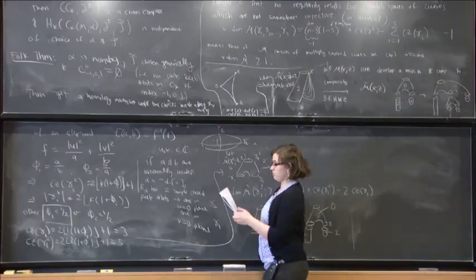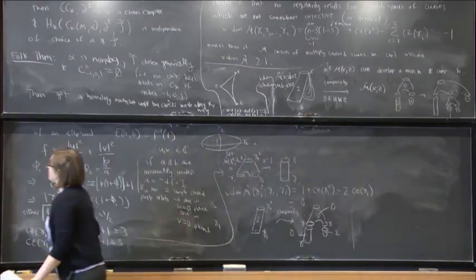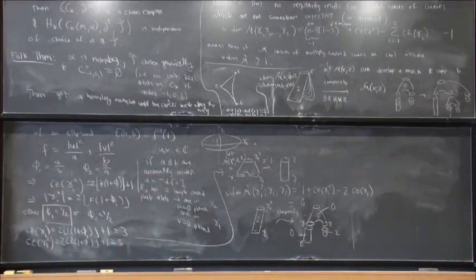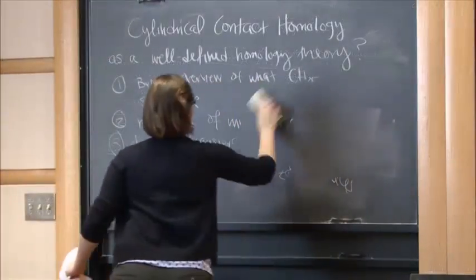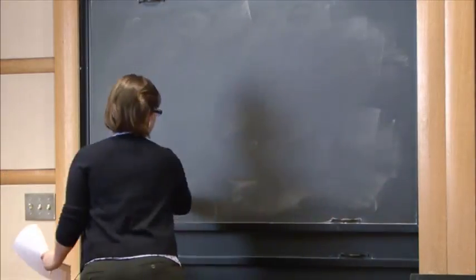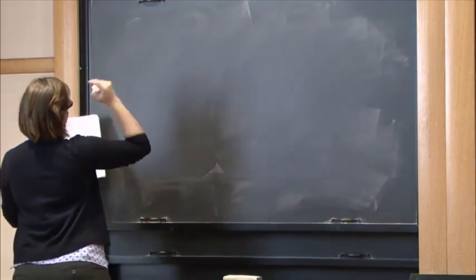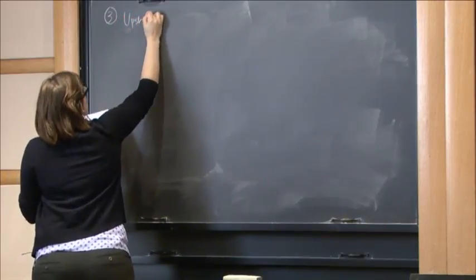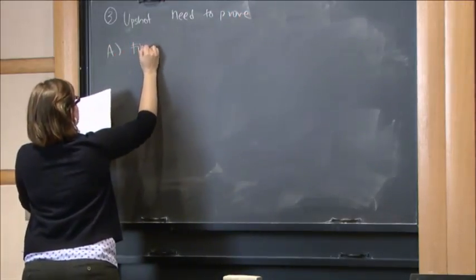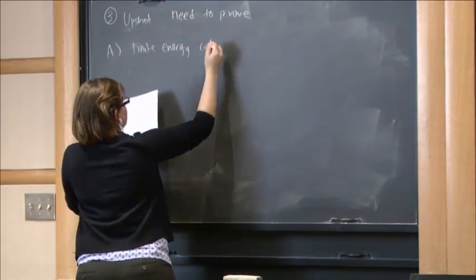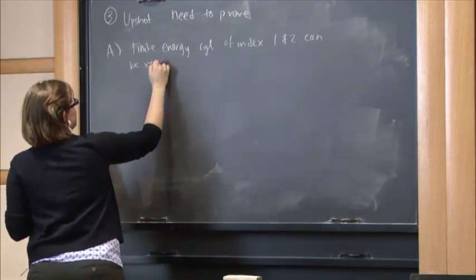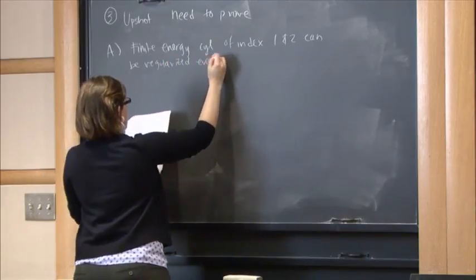Okay. So the remaining time. So basically, to get around the transversality troubles, you need to prove A, that all the finite energy cylinders of index 1 and 2 can be regularized, even if they're multiply covered.